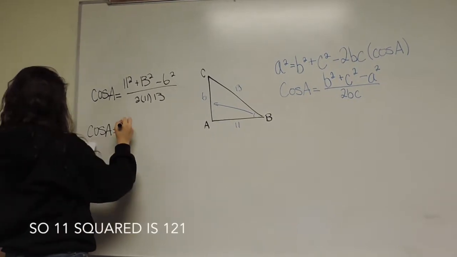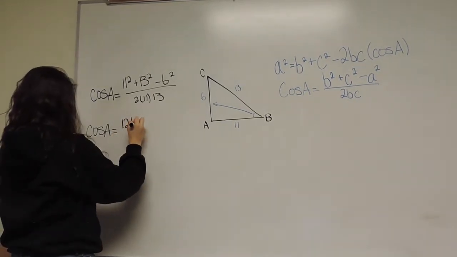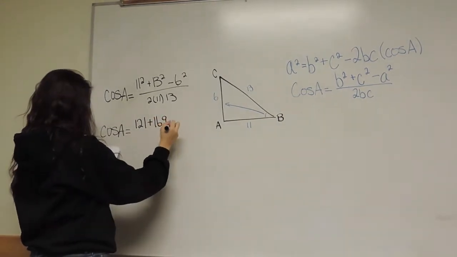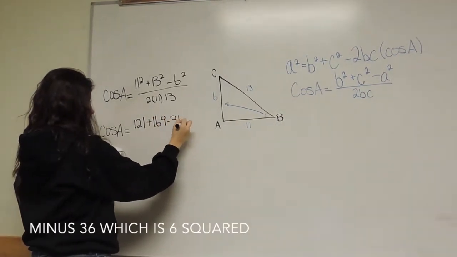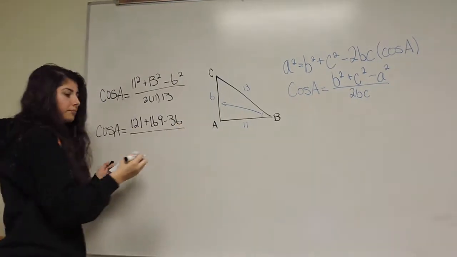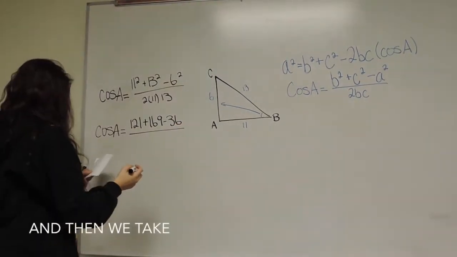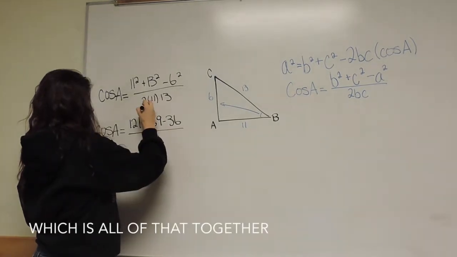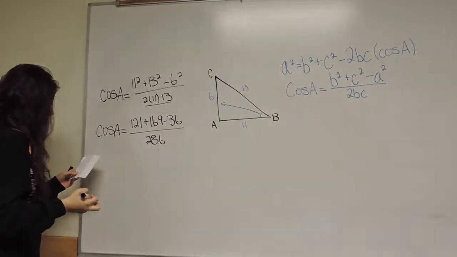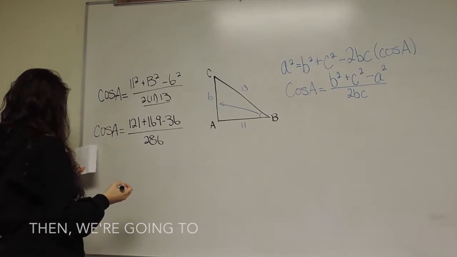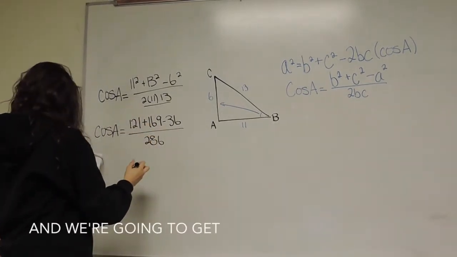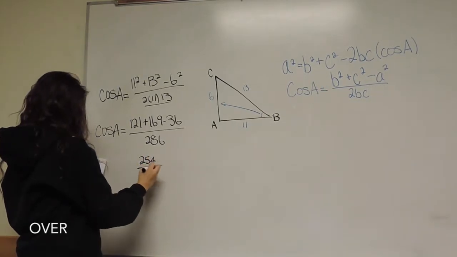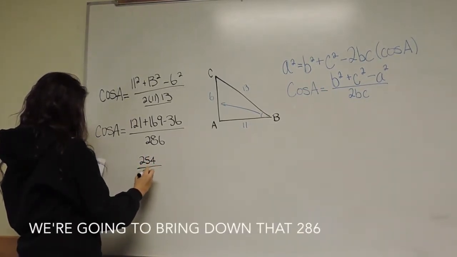So 11 squared is 121, plus 13 squared, which is 169, minus 36, which is 6 squared. And then we take 280, which is all of that put together. Then we're going to add all of these up, and we're going to get 254 over, we're going to bring down the 286.